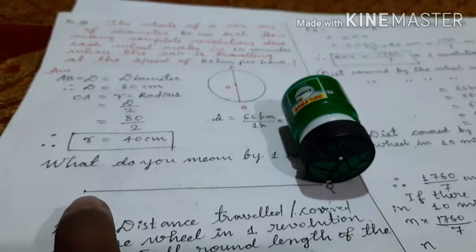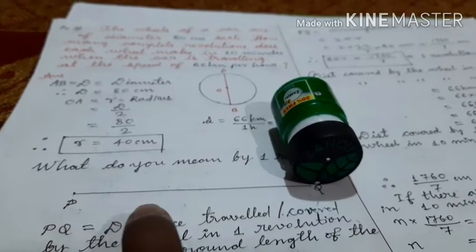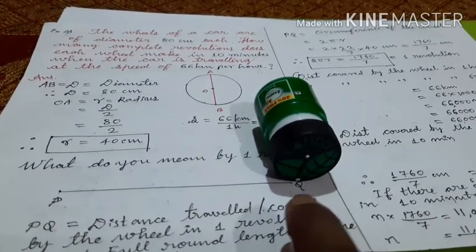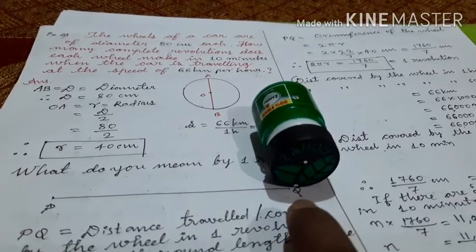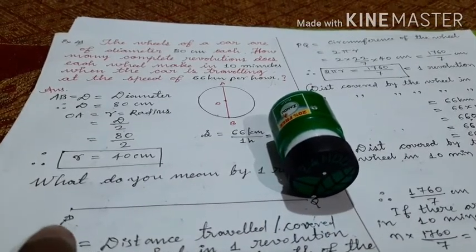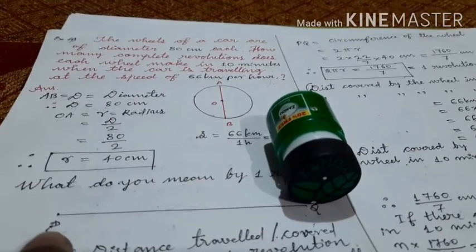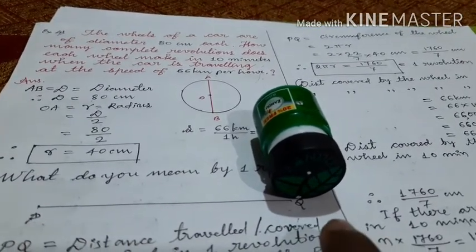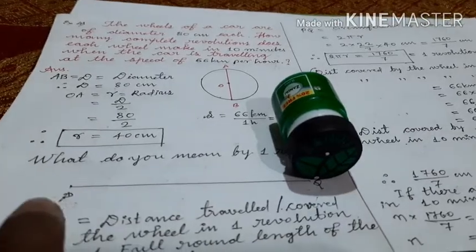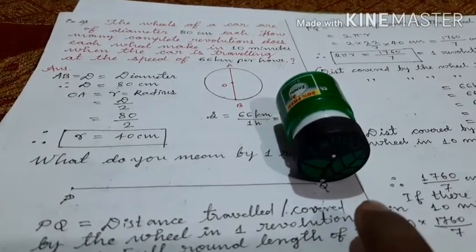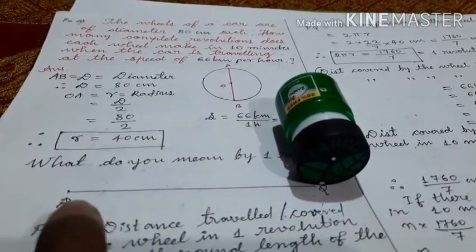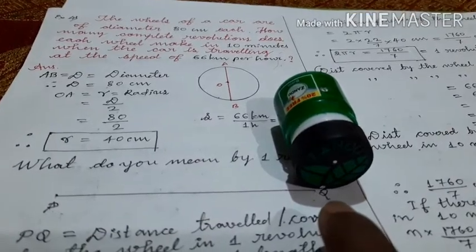When the wheel completed one complete revolution, the point came to Q. So in completing one revolution, the distance traveled by the wheel is PQ, and this distance PQ is equal to the circumference of the wheel.